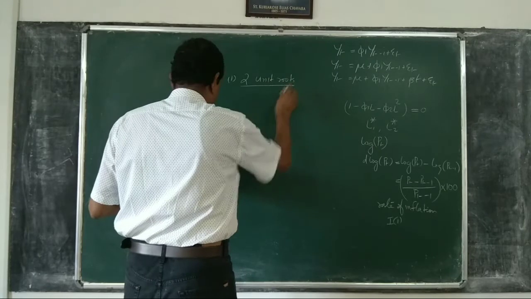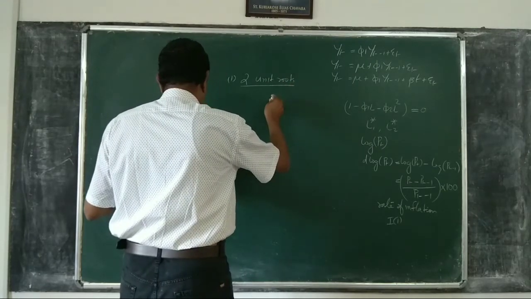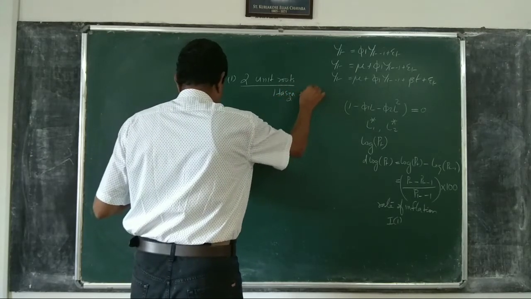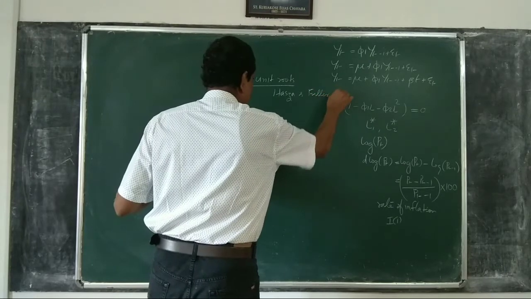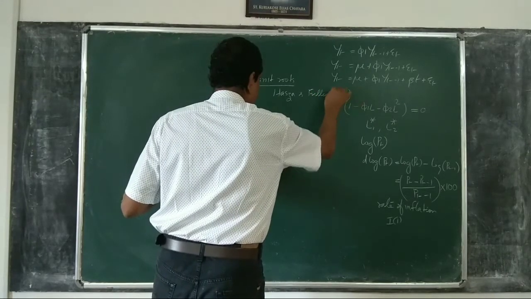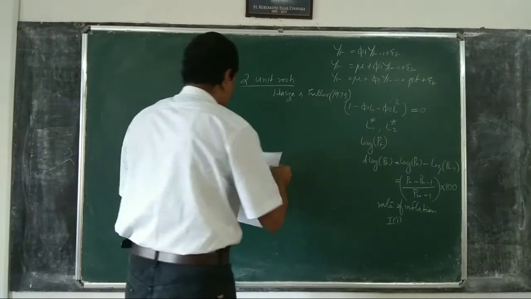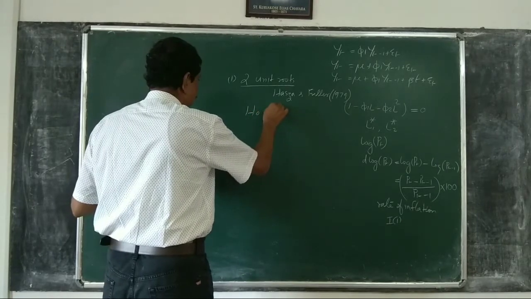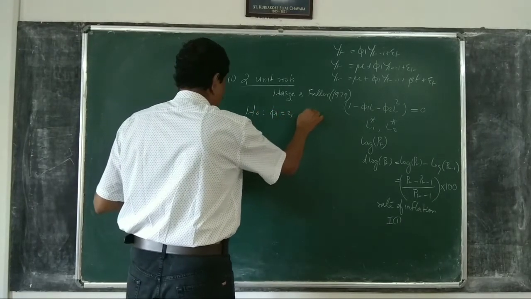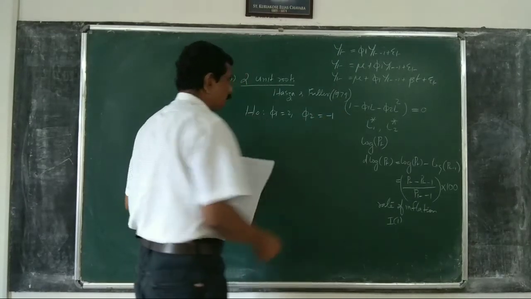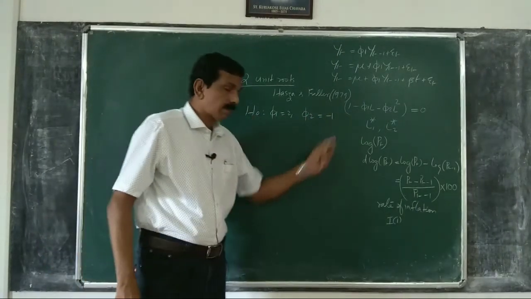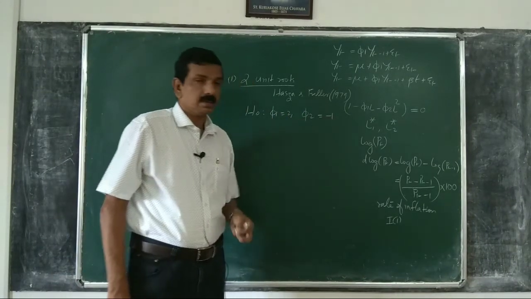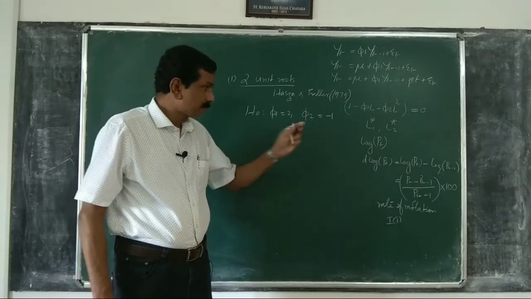This is suggested by Hasza and Fuller, 1979. For example, in the first example we considered, test the hypothesis that phi1 is equal to 2, phi2 is equal to minus 1. While discussing unit roots, in the first example, if phi1 was 2 and phi2 was minus 1, the 2 roots were 1, 1.